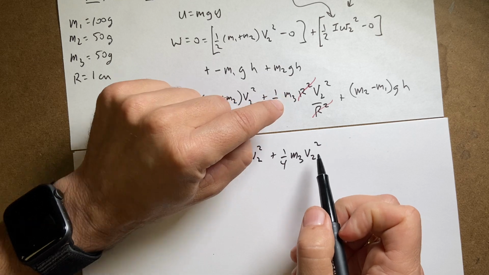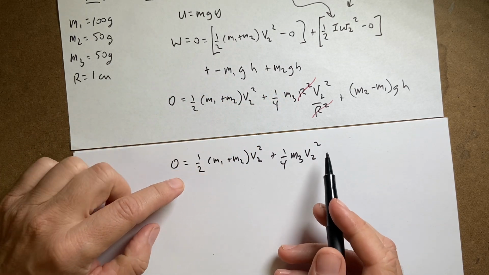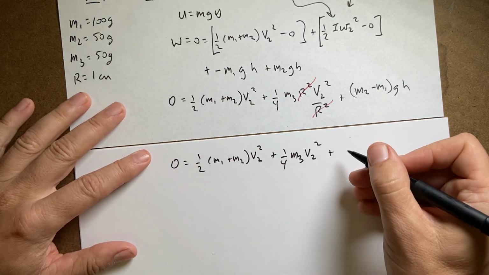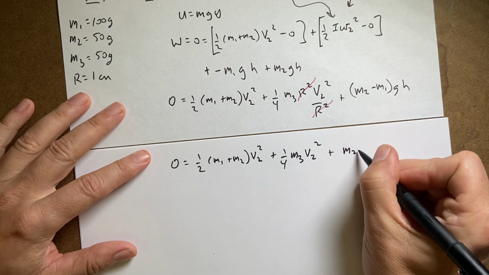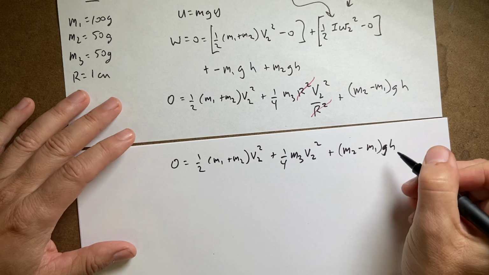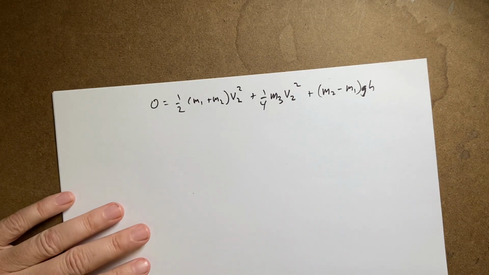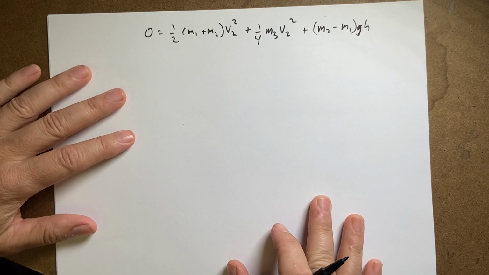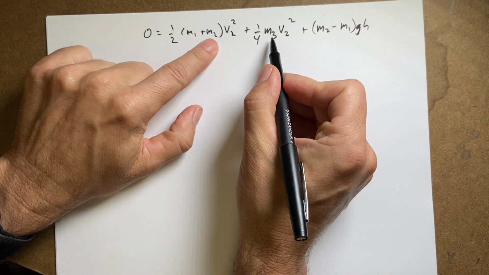Because those cancel. And this is nice. You see these all have the same units, and you can combine them together. Plus m2 minus m1 gh. And I don't know what h is. I'm just going to go with it.